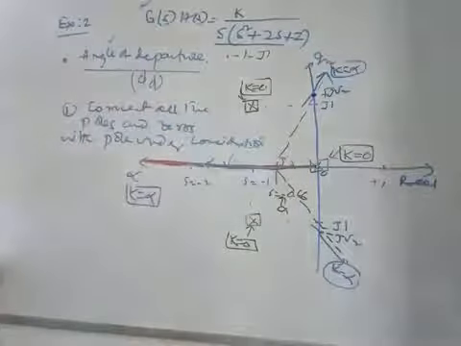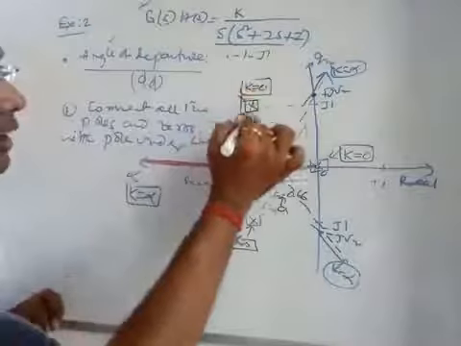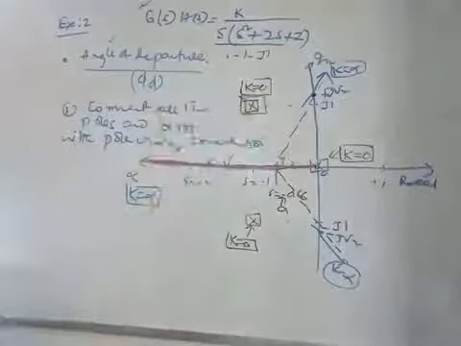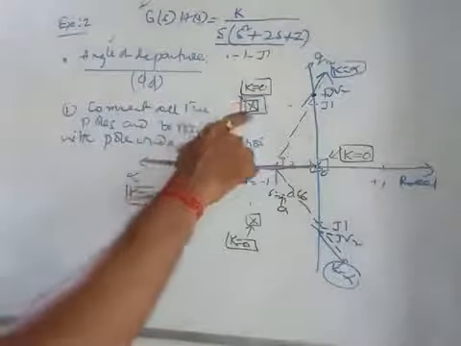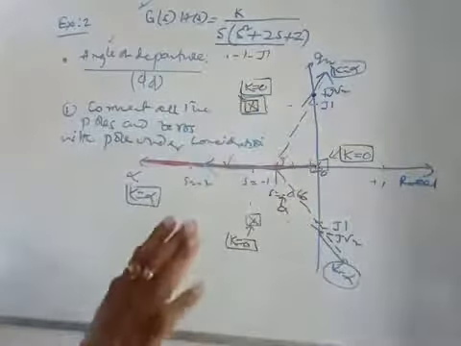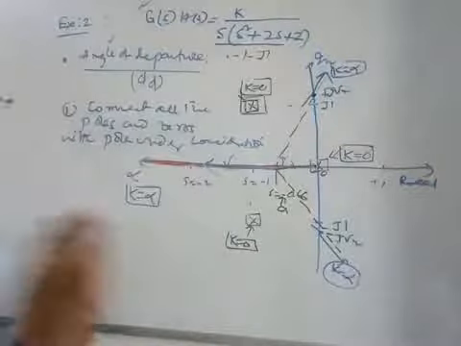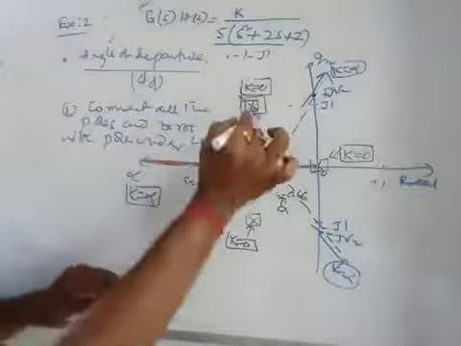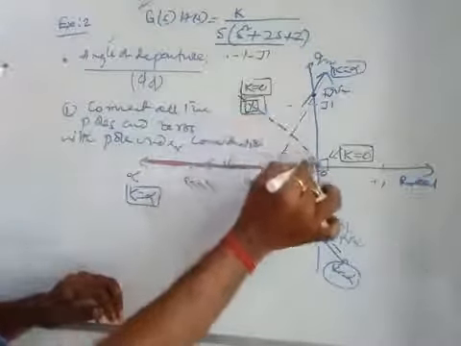That means we want to find out the angle of departure for this pole. That means what you have to do? You have to connect this pole with all other poles and zeros. If there exist any poles and any zeros, then we have to connect all these poles and zeros with a straight line.